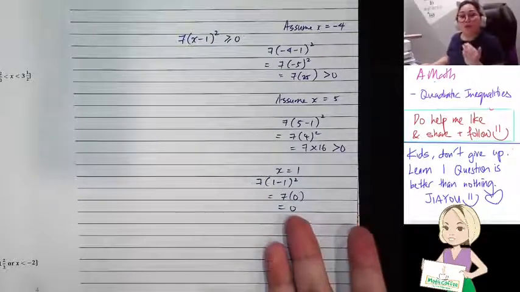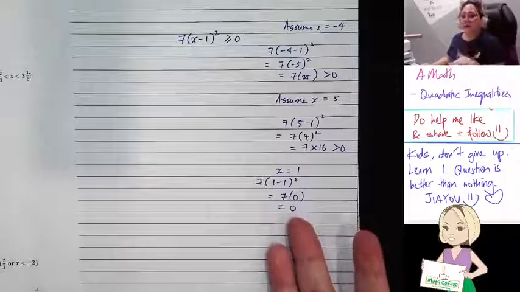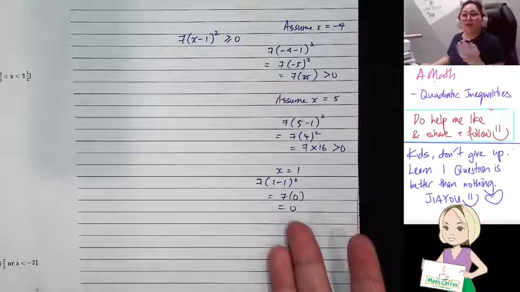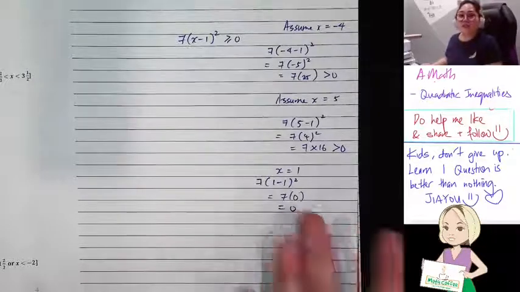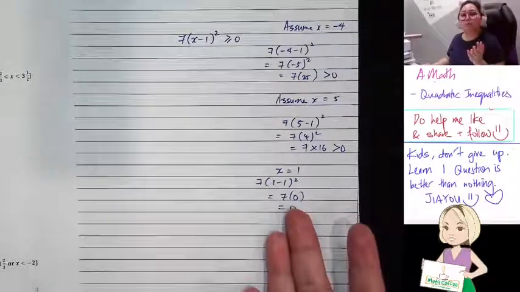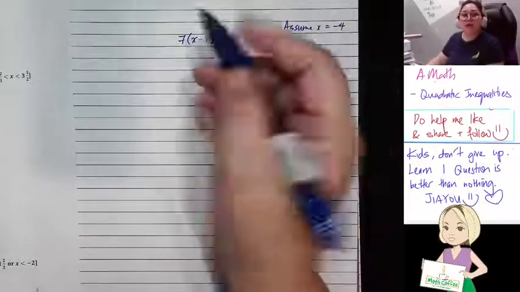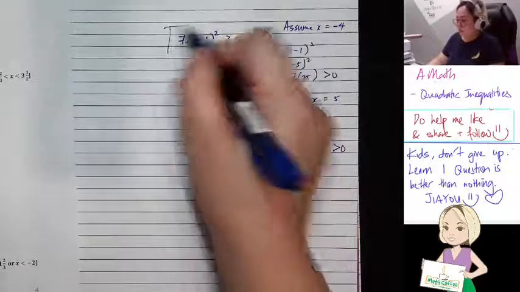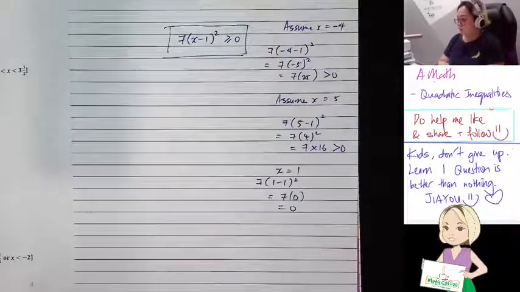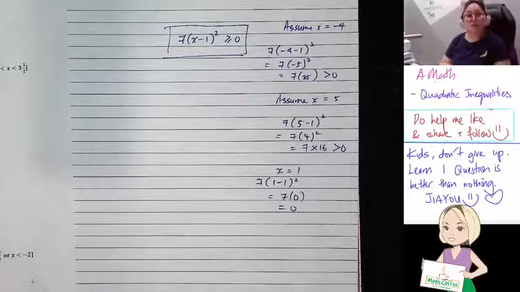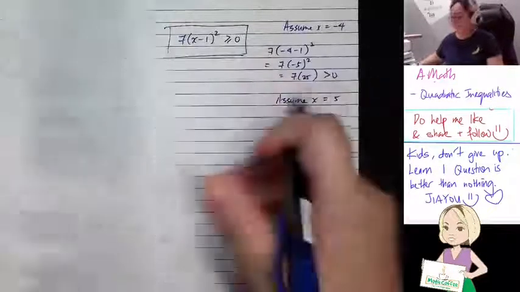So you see, whether my x is negative, or positive, or 1, the smallest value it can get is 0 only. It cannot be negative. Agree? And that is why this expression is more than or equals to 0. Yes, because no matter what you plug in, you will square it, so it will not be negative.